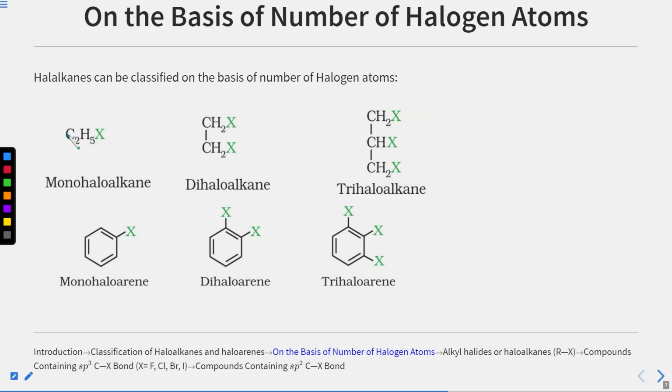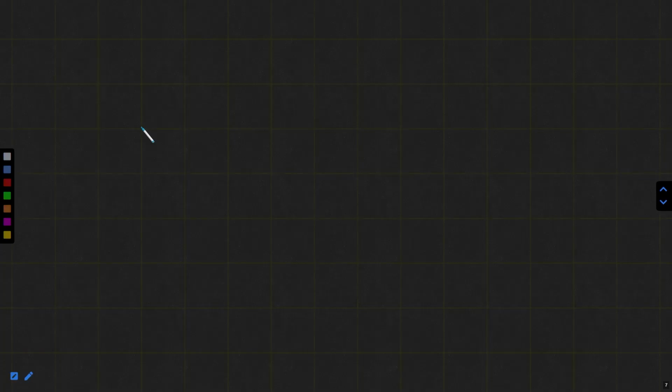Here one X is attached, therefore it is termed as monohaloalkane. It is haloalkane because the X is attached to an sp3 hybridized carbon. The structure will look like this.